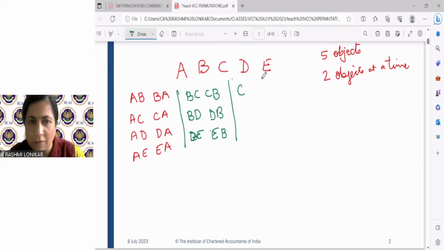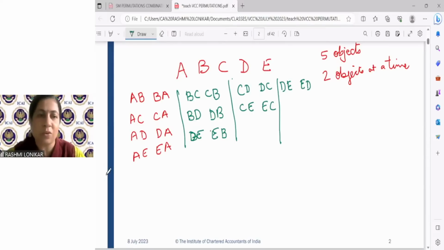CB also I've already taken. So this is CD, DC, CE, EC. Now if I go for D, I already have those. So I have DE and ED.